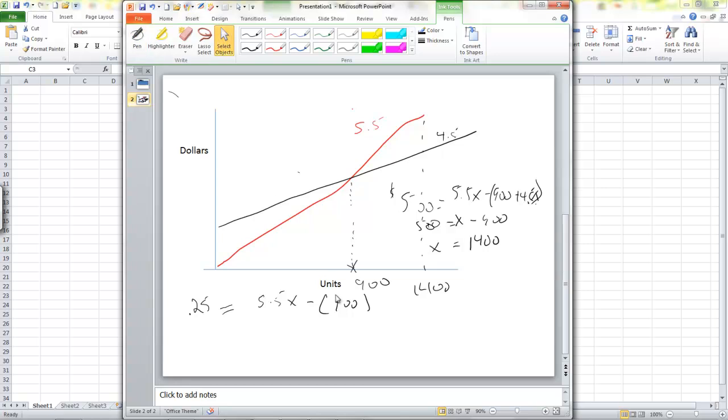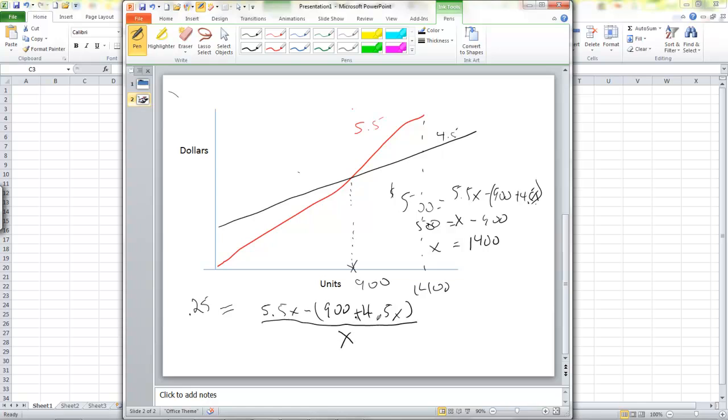Sorry about that. Go back to our pen. And the equation we just used is, what's our profit? It's going to be 5.5x minus 900 plus 4.5x. Okay, so that's the sales curve minus the cost curve. Just divide that by the number of units.